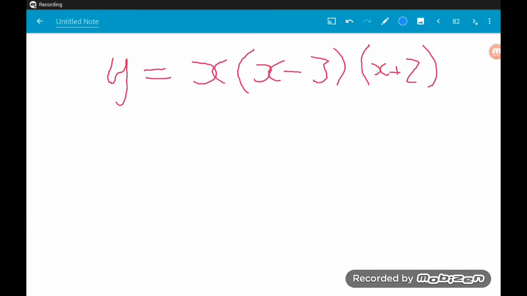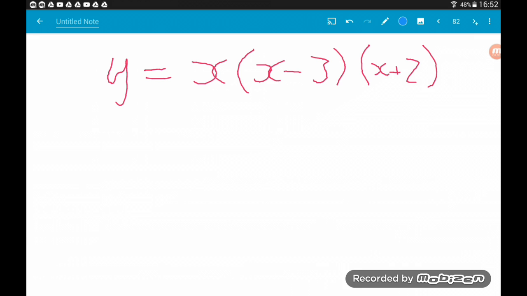Okay then, first example: y equals x times x minus 3 times x plus 2. Usually we would need to work out what the y-intercept is, but here we already know. Remember, the y-intercept is just a constant number at the end on its own with no x's attached.